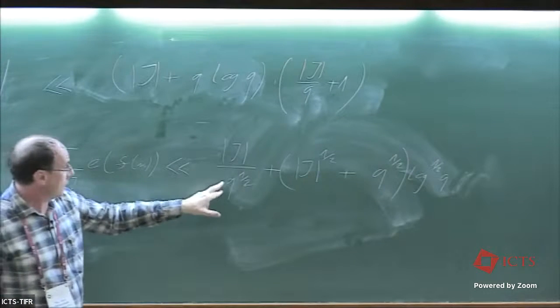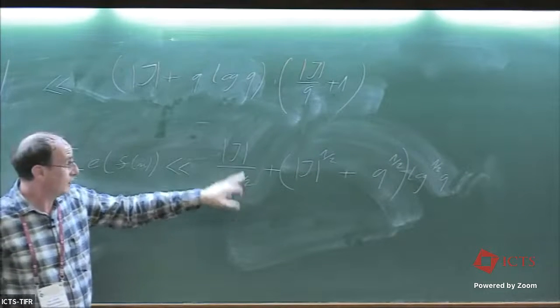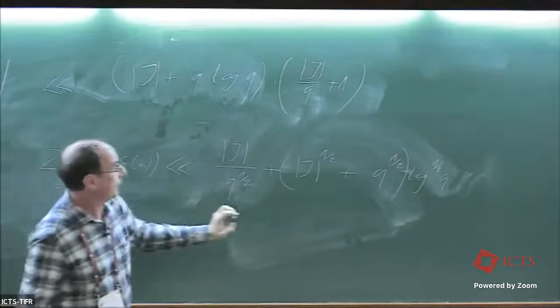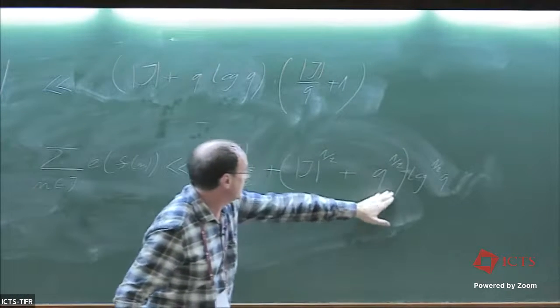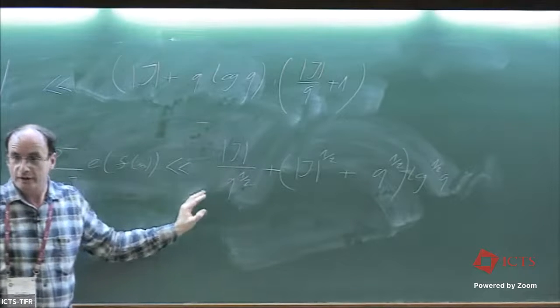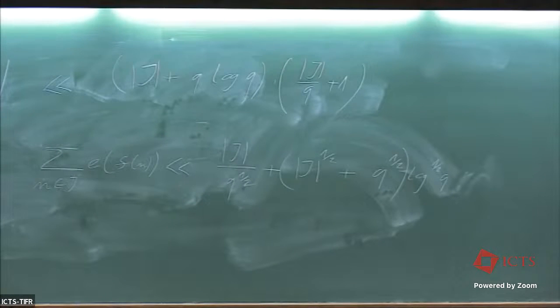So you save a factor of q to the 1/2 over the trivial bound here. And if q is not too large, then this will be small compared to the interval length. Good, so that was the idea.